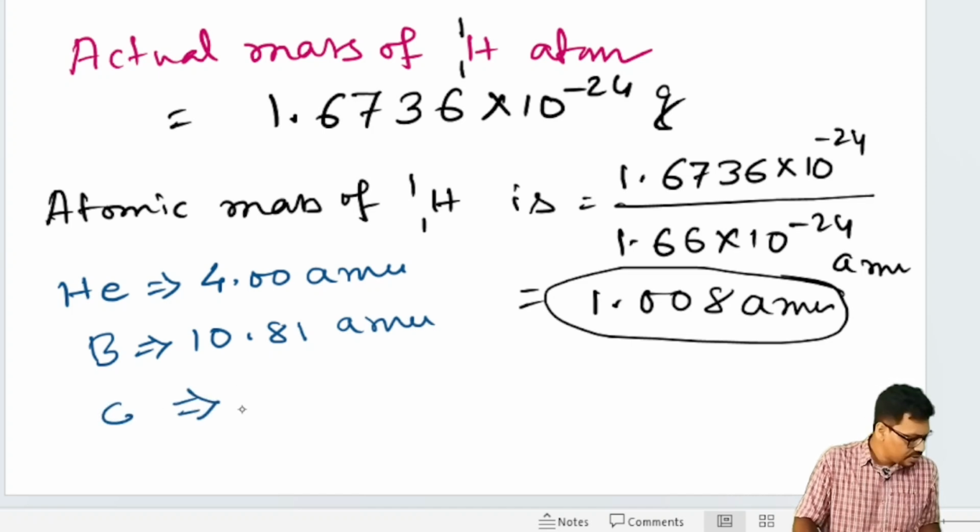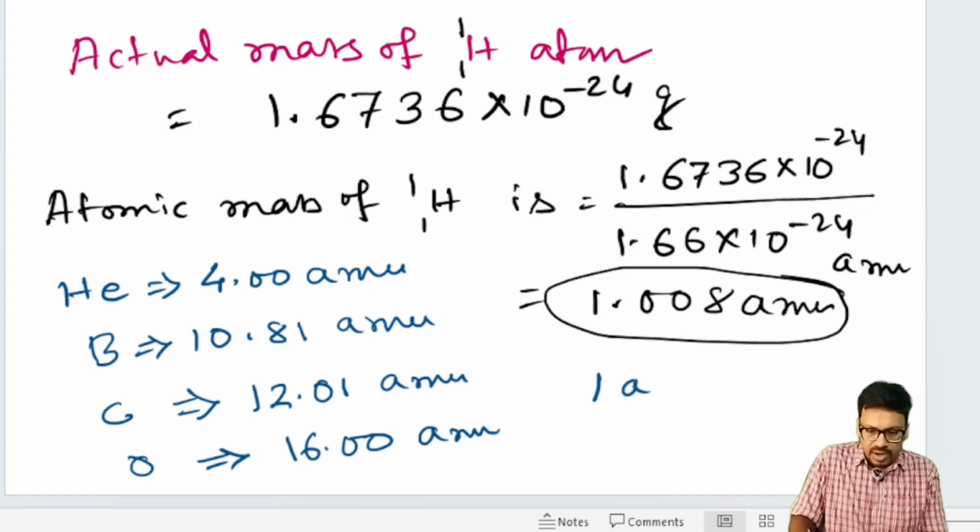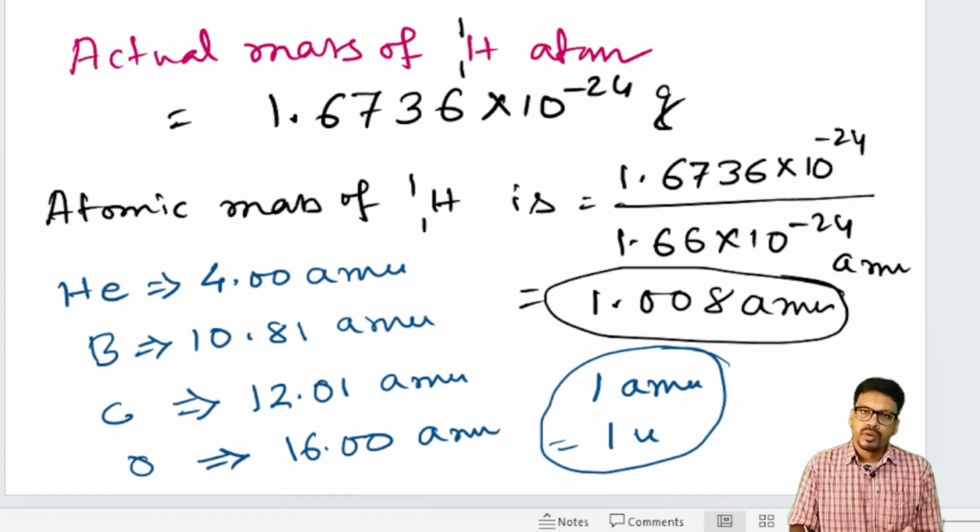Carbon is 12.01 AMU. Oxygen is 16.00 AMU. Clear? 1 AMU is equal to 1 U. Clear? Okay.